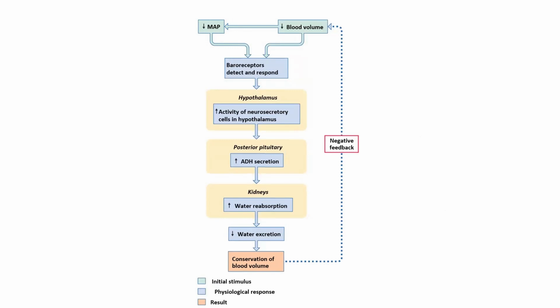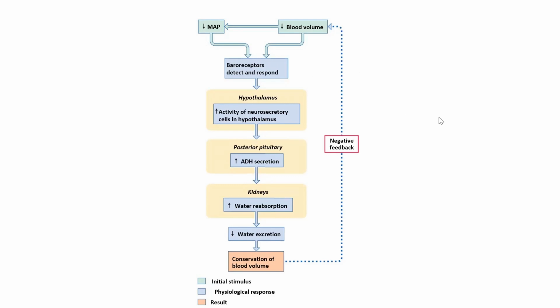And that will then send signals to those regions again in the hypothalamus, which will then result in ADH secretion from the posterior pituitary. That will result in water reabsorption from the kidneys via the mechanism we described, and that will decrease water excretion. So we're now holding on to more water, conserving more of that fluid, more of that blood volume, and correcting our initial error signal, okay?